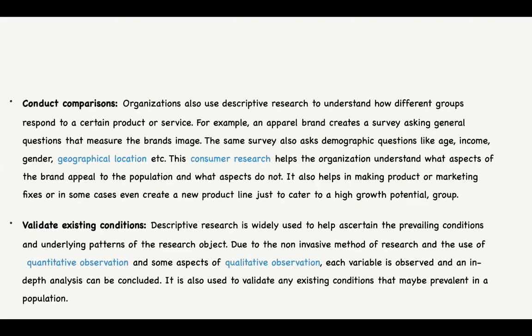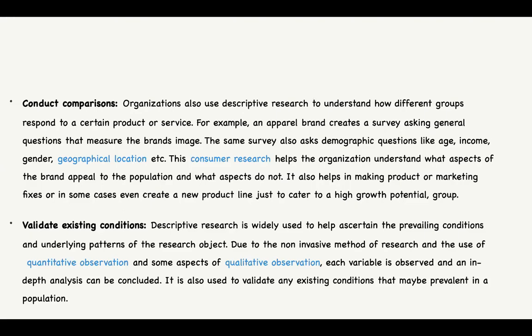It also helps in making product fixes, or in some cases even creating a new product line just to cater to a high growth potential group. So this is conducting comparisons for one brand across different variables like age, income, gender, and geographical location for an apparel brand.